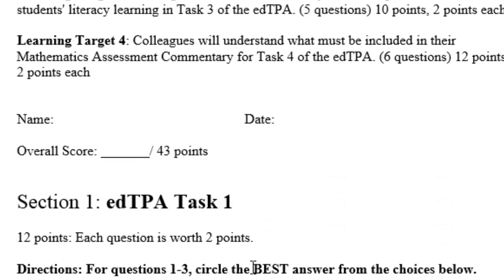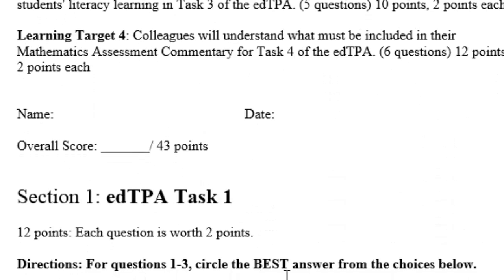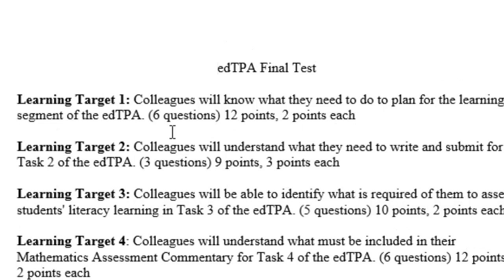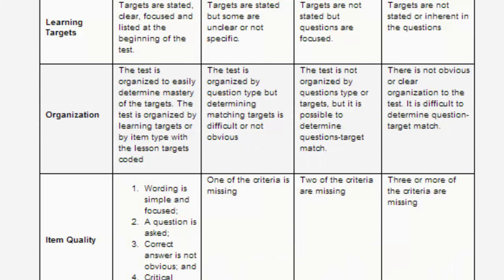So you can just say section 1 is learning target 1, and you can say, okay, this person mastered this. There were 6 questions, they got all 6 right. That is key to creating this selected response test, that you have to be able to look at the results and tell me which target they mastered, which target they didn't. So that's a key. So it has to be organized.